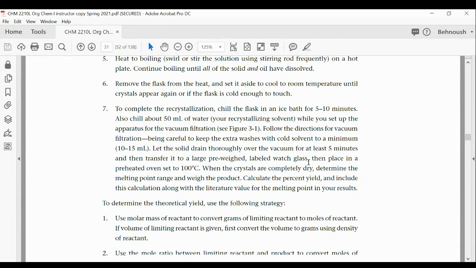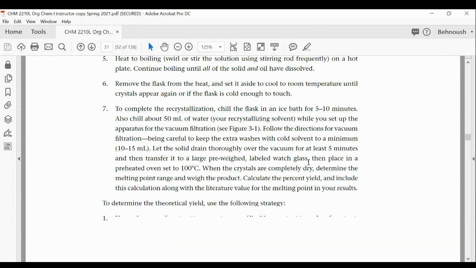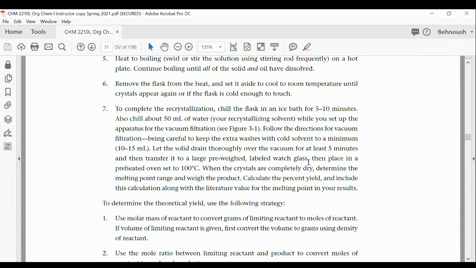Because in most of the experiments that you are doing, when there's a chemical reaction involved, your product, if it's solid at room temperature, needs to be recrystallized. If you have 2 or 3 experiments where you distill the product to purify it, 80% of the time you have a solid that you have to recrystallize.